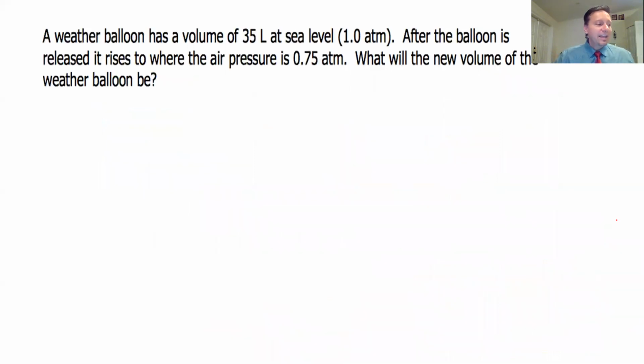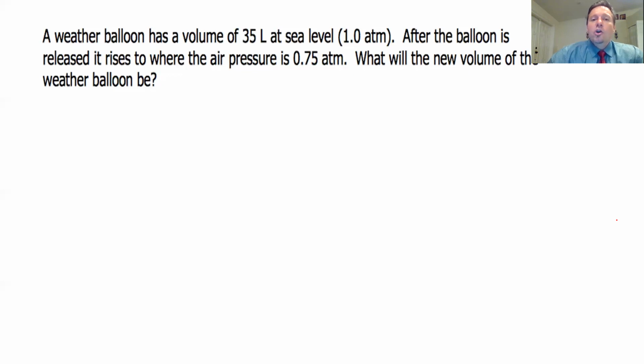All right, now let us look at a couple of example problems. A weather balloon has a volume of 35 liters at sea level, 1 atmosphere. After the balloon is released, it rises to where the air pressure is 0.75 atmospheres. What will the new volume of the weather balloon be?